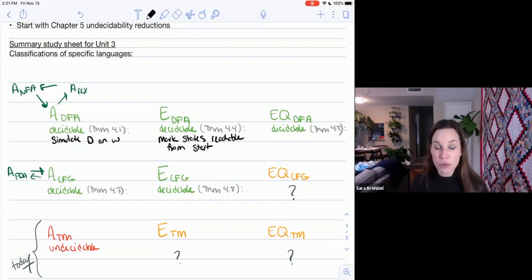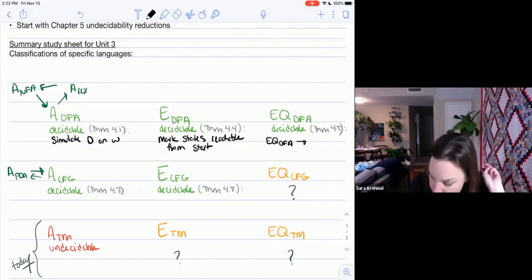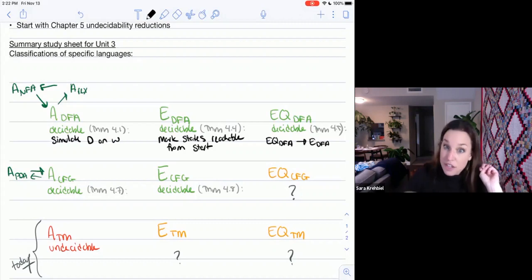Now, the first time we really saw a reduction was in showing that EQ-DFA was decidable. We can conclude that EQ-DFA is decidable by taking an EQ-DFA problem, so this is two machines, and converting it into an eDFA problem, and then using the eDFA decider to figure out what your EQ-DFA answer is.